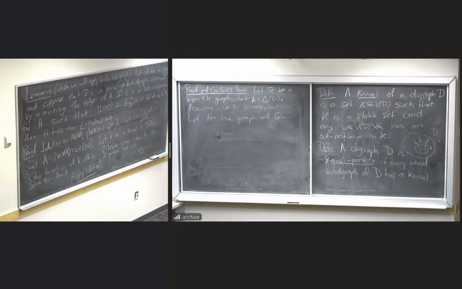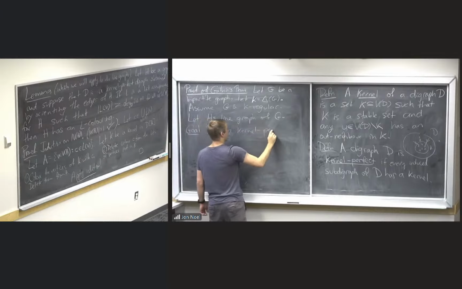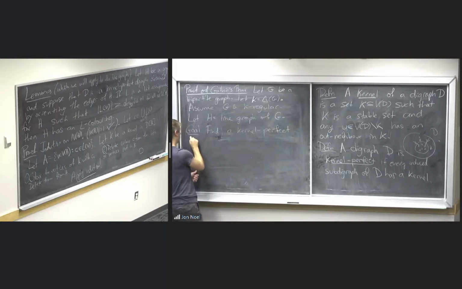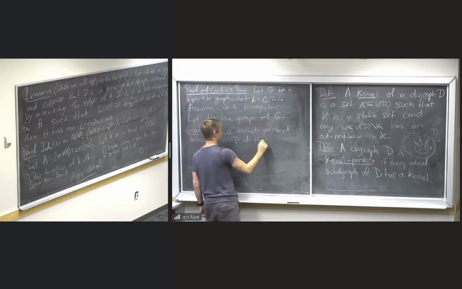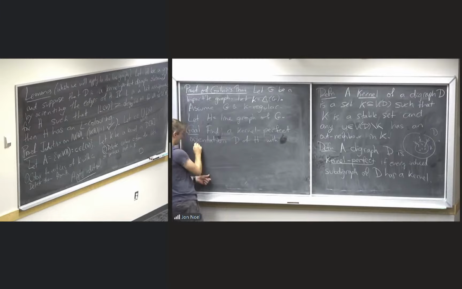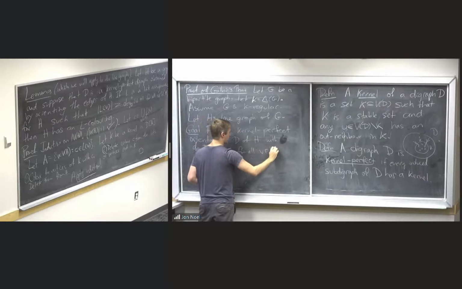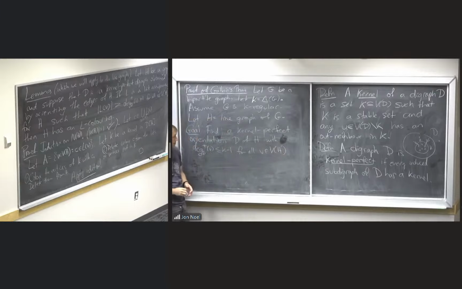Okay, so our goal is to find a kernel perfect orientation D of H with all of the out degrees at most K minus 1 for all vertices of H. Because then we can just apply the lemma and we're happy.